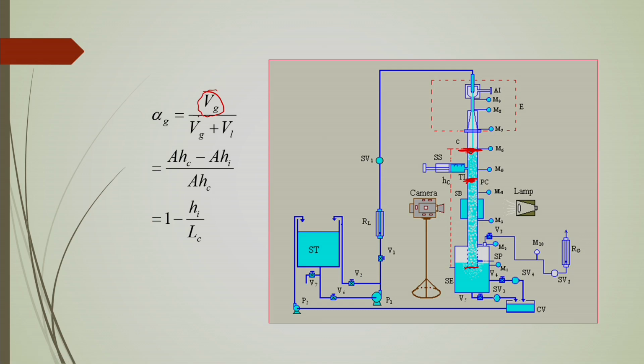That entrained gas volume will be called the volume of gas entrained. Now, the volume fraction can be calculated as the volume of this gas divided by the total volume of the gas-liquid mixture. So, this is your volume of gas entrained, and this is your volume of gas entrained plus volume of liquid, which is your total gas-liquid volume. The volume of gas can be calculated as the total gas-liquid mixture volume minus the clear liquid volume: A into Hc minus A into Hi.